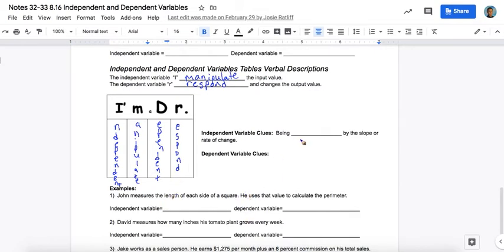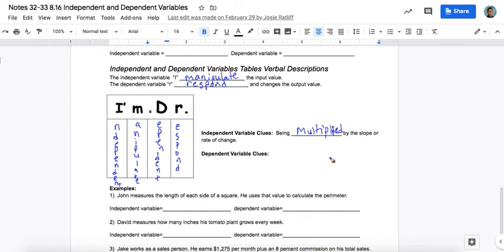Okay, so some clues for the independent variable. It's being multiplied. Whoops. Being multiplied, that's IED. Sorry, that's not real clear there. So it's being multiplied by the slope or the rate of change.